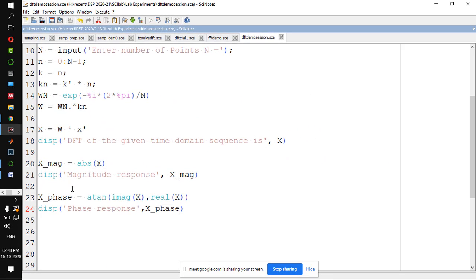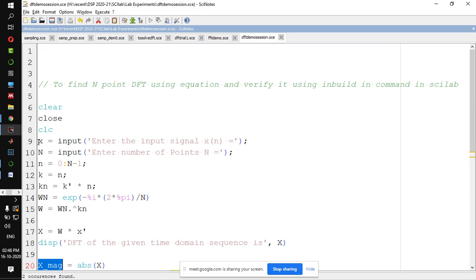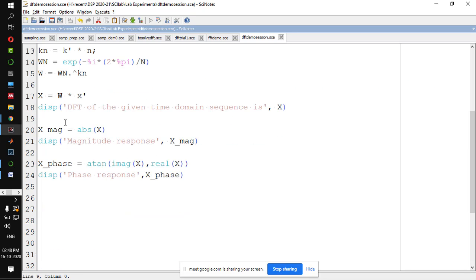Say I want to plot this phase, this magnitude, and this x of n. So how do we do that? Totally we have 3 figures, so I should have subplot of 3, 1, 1. So figure, subplot, 3 rows, 1 column.